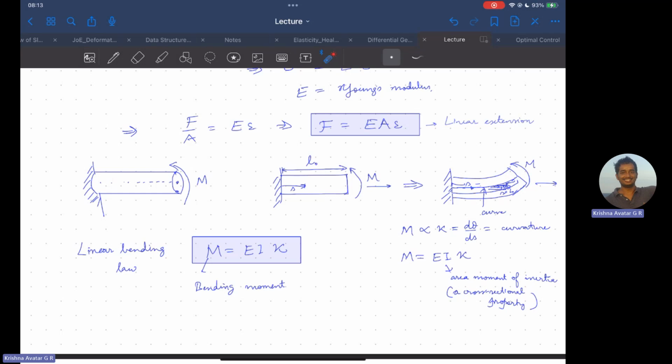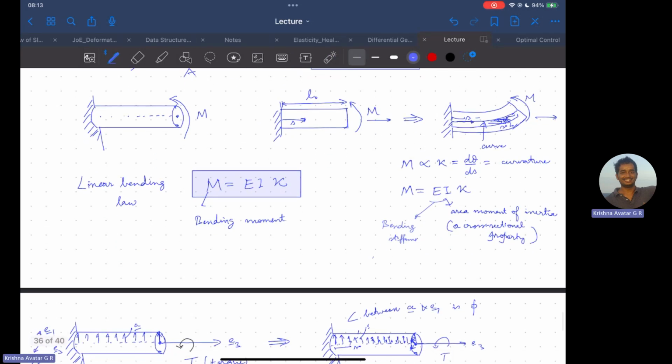And again, we recall from linear theory that bending moment is proportional to kappa, and the proportionality constant is EI, where EI is called the bending stiffness, or sometimes flexural rigidity.